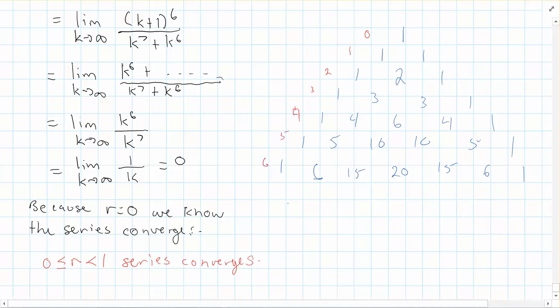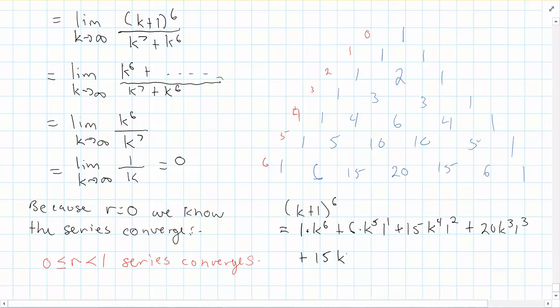So if you wanted to know what (k plus 1)^6 is, this would be equal to 1 times k^6, plus 6 times k^5 times 1 to the first power, plus 15 k^4 times 1 squared, plus 20 k^3 times 1 cubed, plus 15 k^2 times 1 to the fourth, plus 6 k times 1 to the fifth, plus 1 times 1 to the sixth.